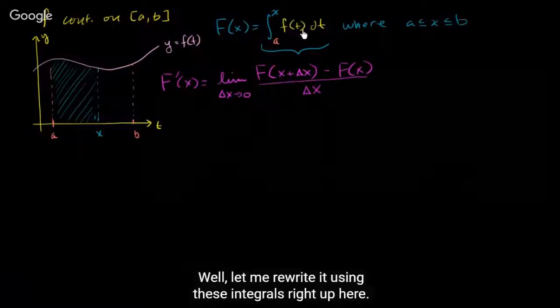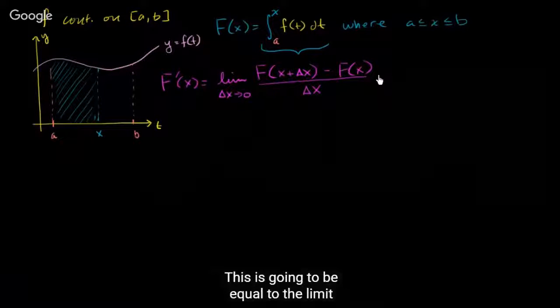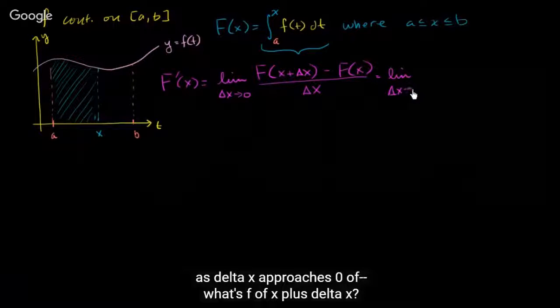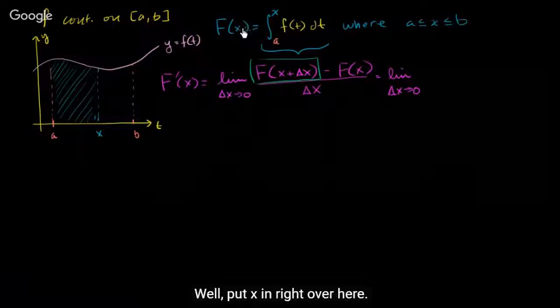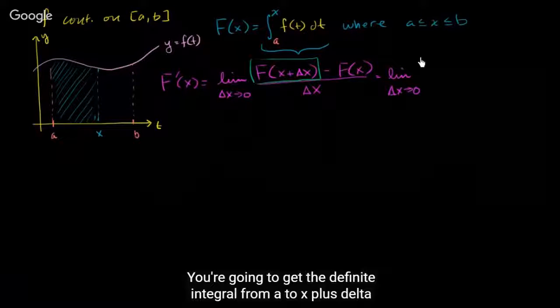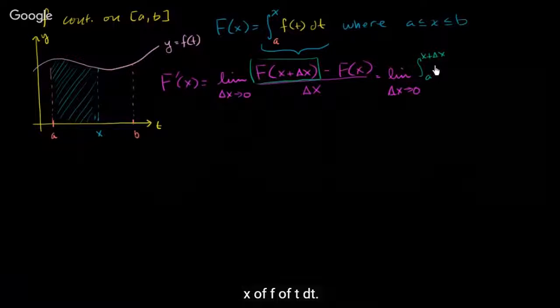Well, let me rewrite it using these integrals right up here. This is going to be equal to the limit as delta x approaches 0 of, what's F of x plus delta x? Well, put x in right over here. You're going to get the definite integral from a to x plus delta x of f of t dt.